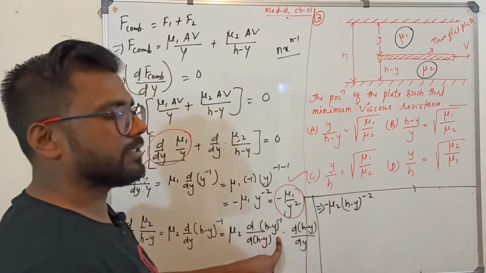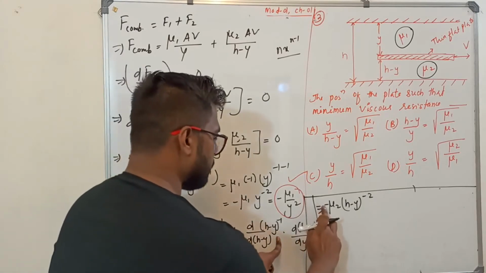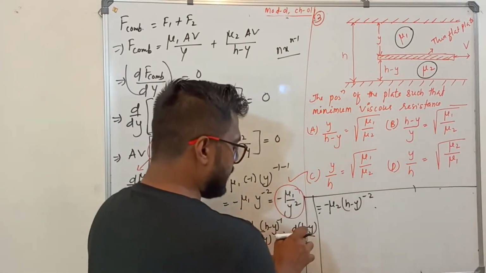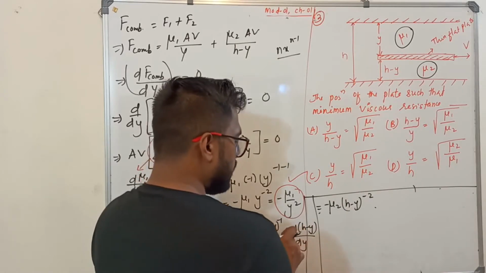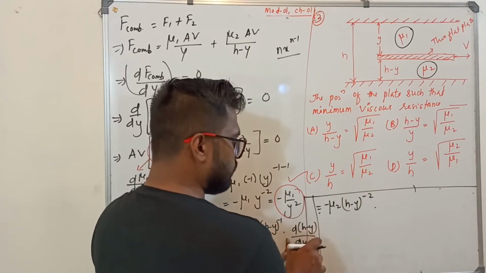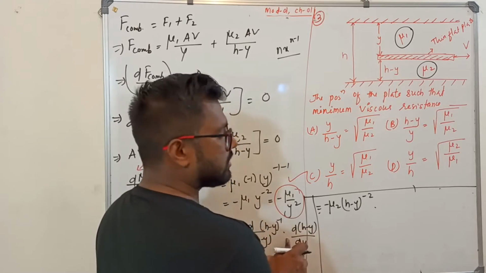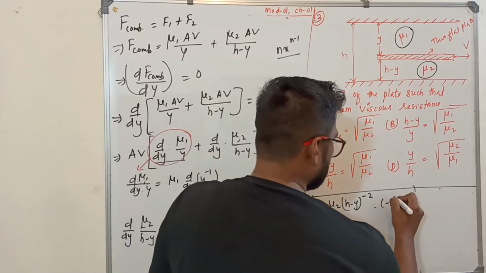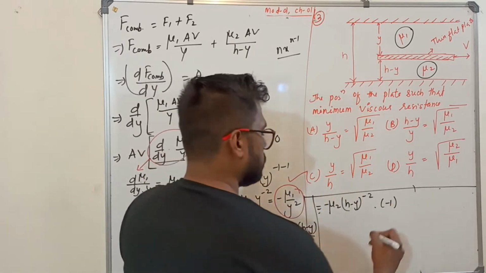I brought a minus here. Multiply. Now what do you have? d of h minus y by dy, so d h by dy minus dy by dy. dh by dy is constant, so 0. d of minus y by dy is minus 1. So what you got?